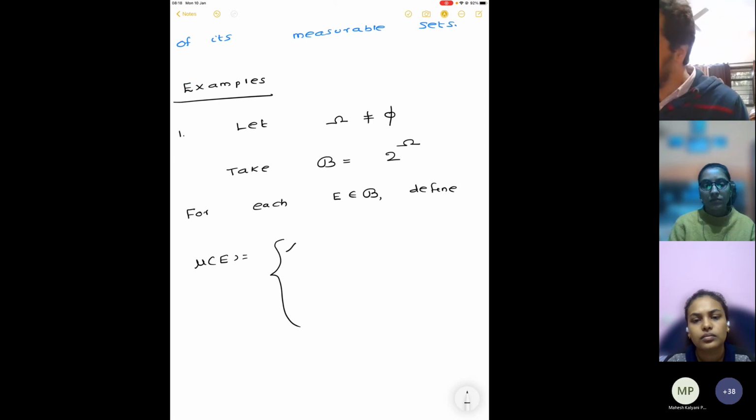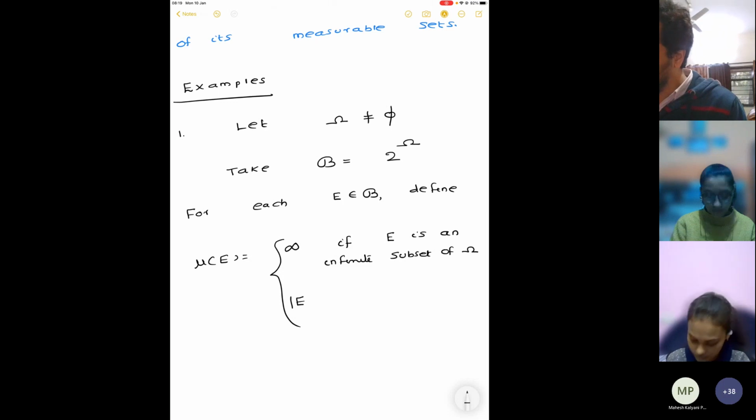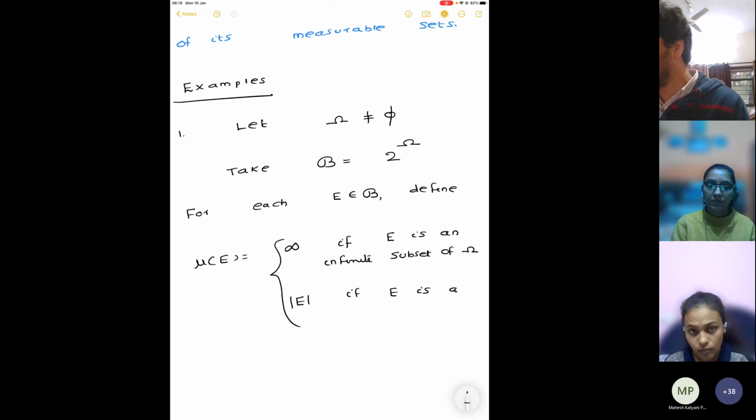Mu of E is infinity if E is an infinite subset of omega, and mu of E I would take as the number of elements in E if E is a finite subset of omega.